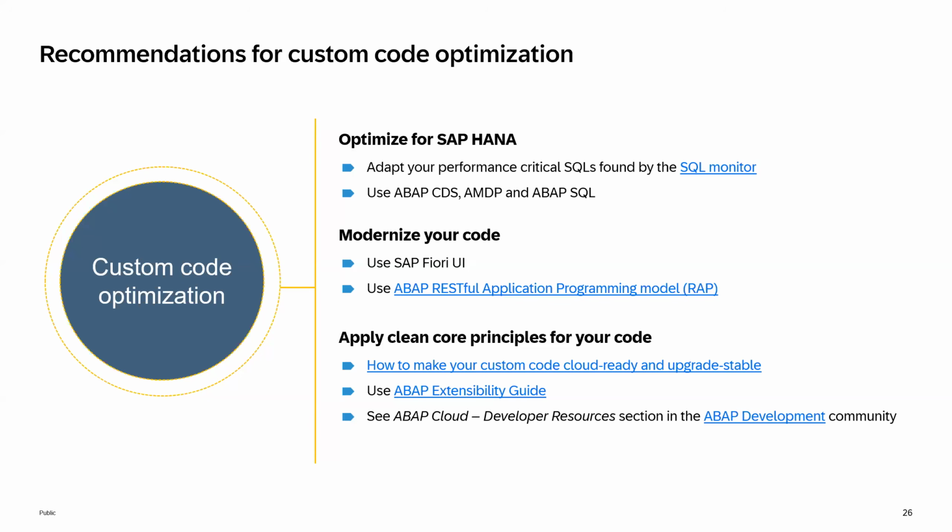You can modernize your code for further optimization using Fiori UI and the ABAP RESTful application programming model. And the next step would be to adapt your existing code for ABAP Cloud and make it upgrade stable. And here you have some links which you can use for your convenience, on how to proceed further for clean core with ABAP Cloud.